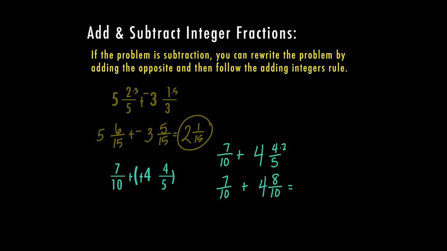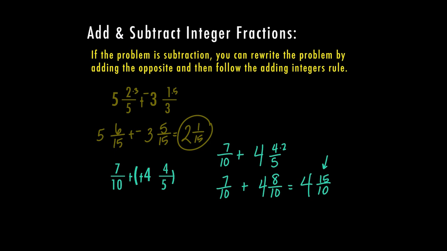So my whole numbers are going to add up to 4. 7 plus 8 is 15 out of 10. Now I have this improper fraction. So I do need to change that into a mixed number, which means I'm going to have another whole number. So I'm going to add that whole number to my 4. So 10 goes into 15 one time.